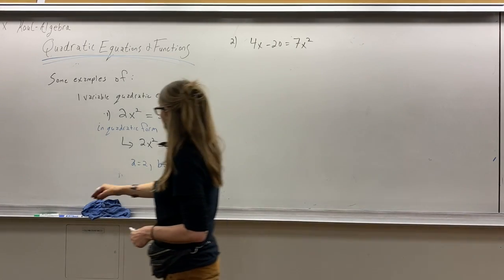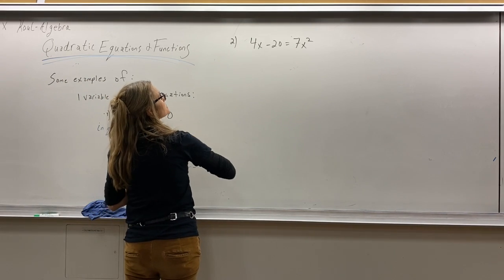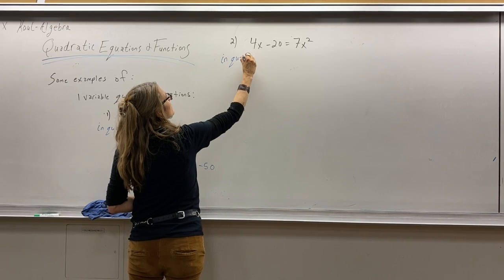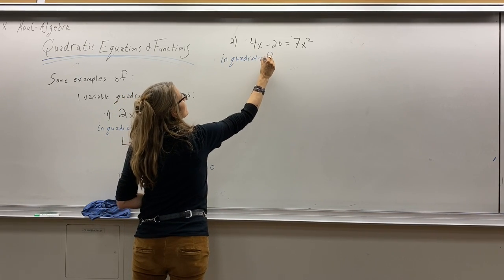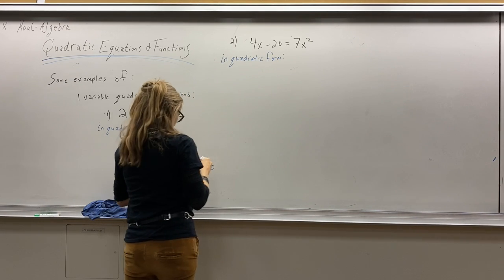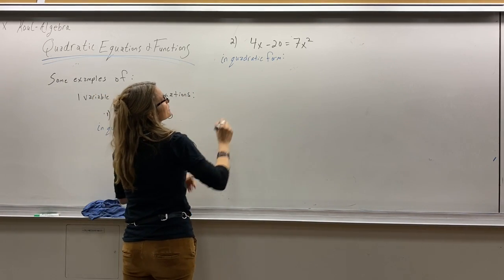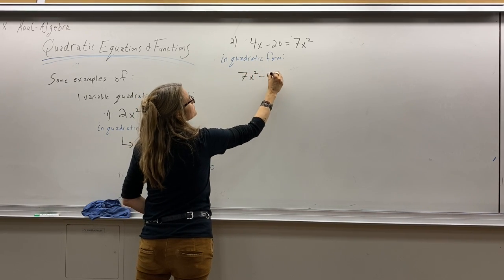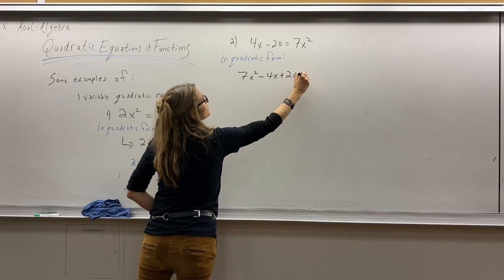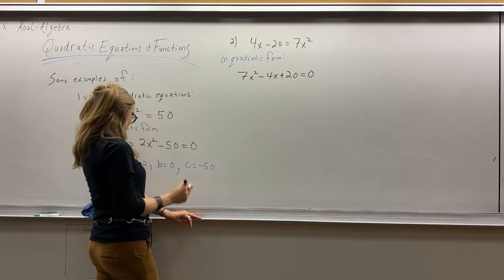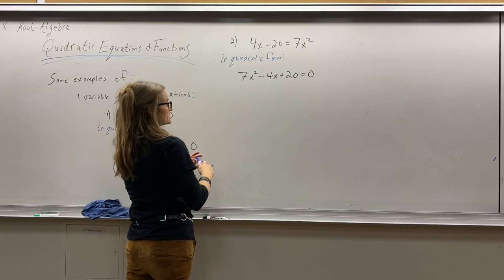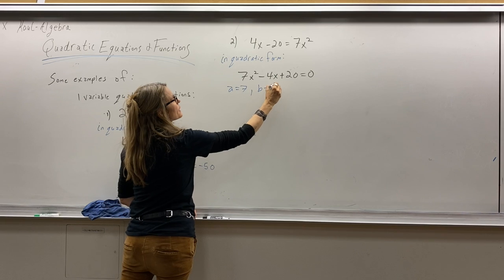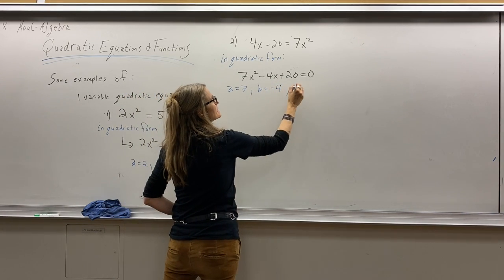In quadratic form, we would write this as, and I could choose either side, 7x squared minus 4x plus 20 equals 0, where my a would equal 7 in this case, b equals minus 4, and c equals 20.